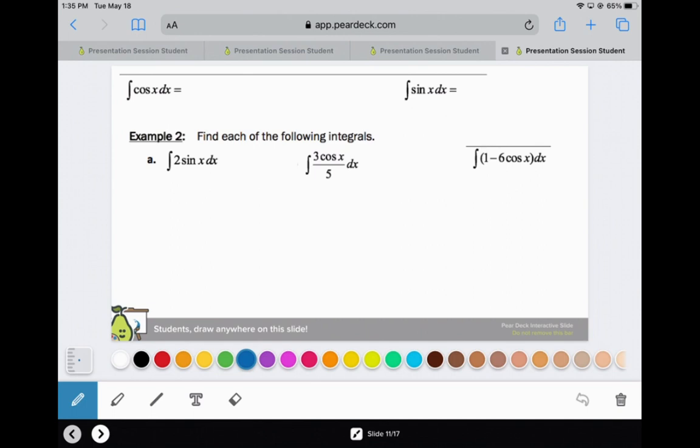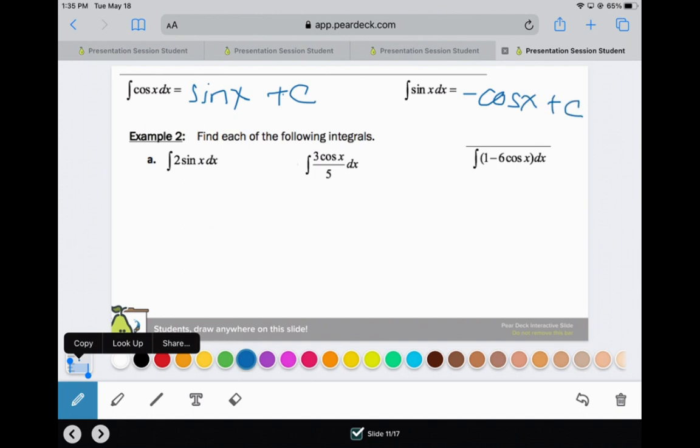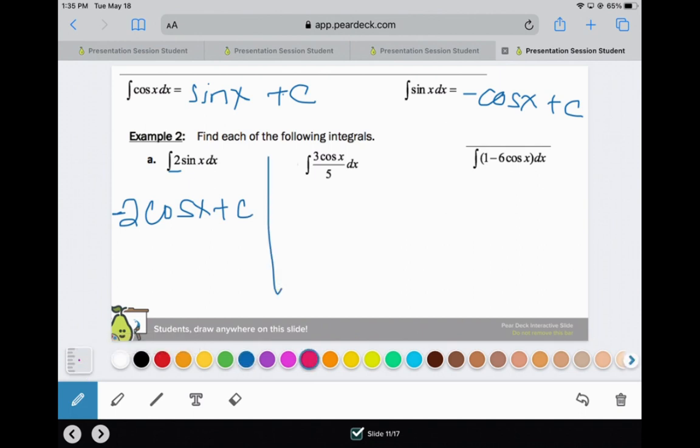The ones that we talked about: the antiderivative of cosine is sine plus C. The antiderivative of sine is negative cosine plus C. So over here, the coefficient, I'm not going to do anything. The sine, I'm looking here, the antiderivative of sine is negative cosine. So minus cosine, make sure that I do plus C. For the second one, this is the same thing as 3 over 5.